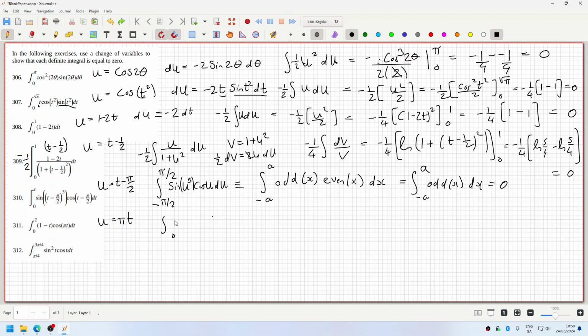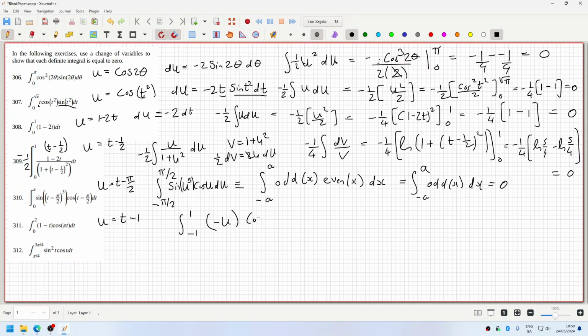So let me think again here. What about u equals t minus 1? Then the integration when t is 0, u is minus 1, and then when t is 2, that's 1. I think that would be better. And then 1 minus t, that becomes minus u.